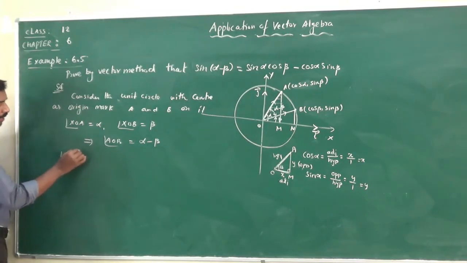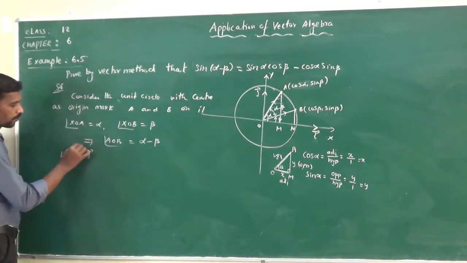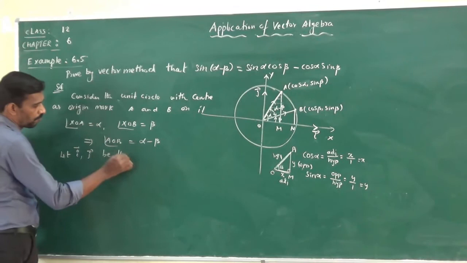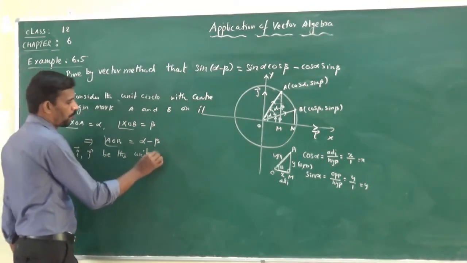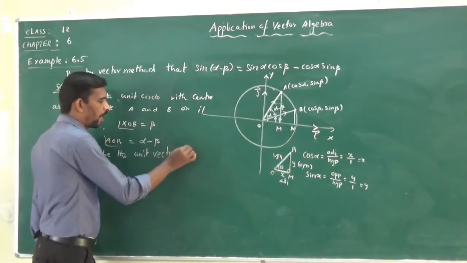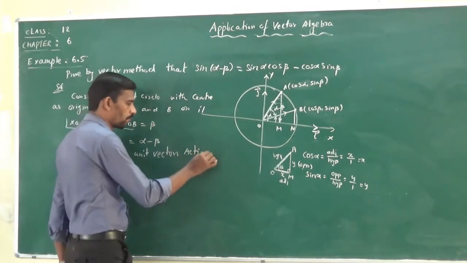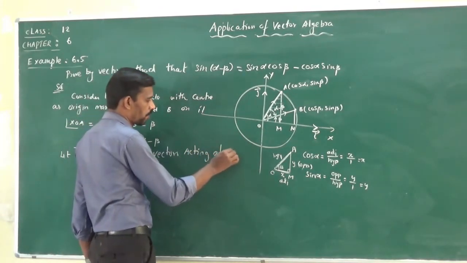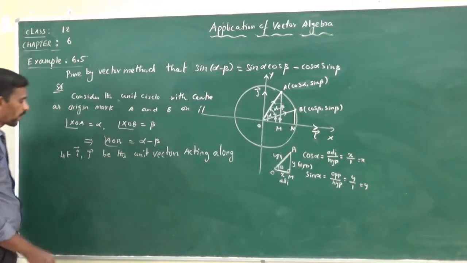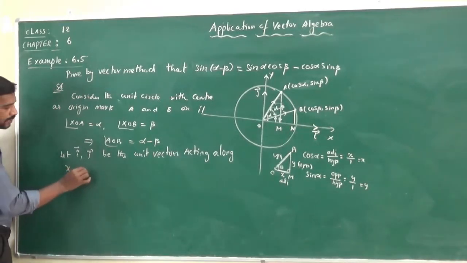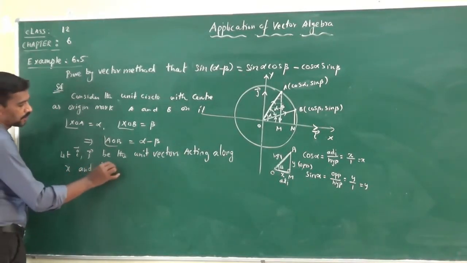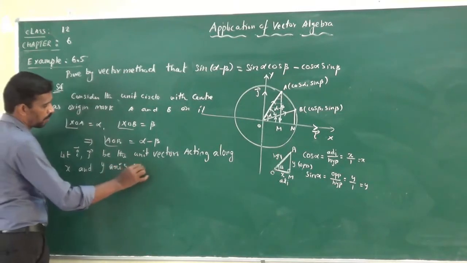Let i vector, j vector be the unit vectors taken along the x axis and y axis respectively.